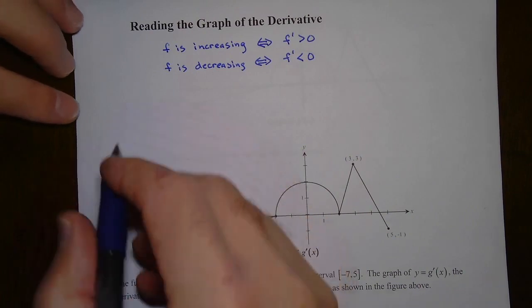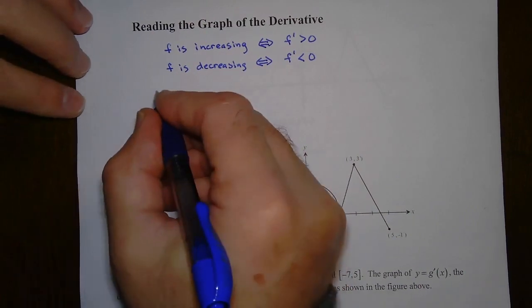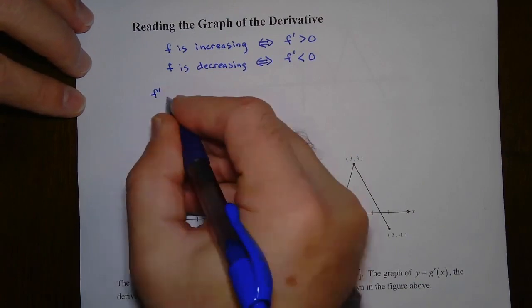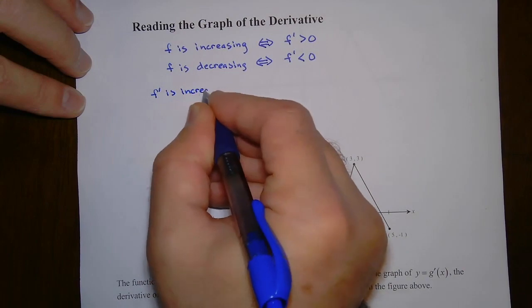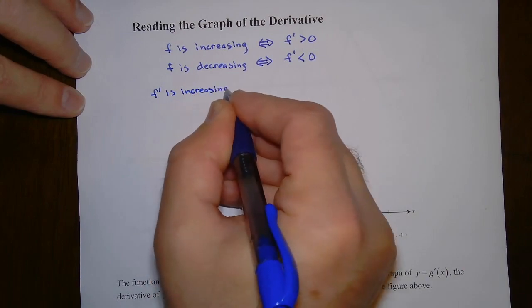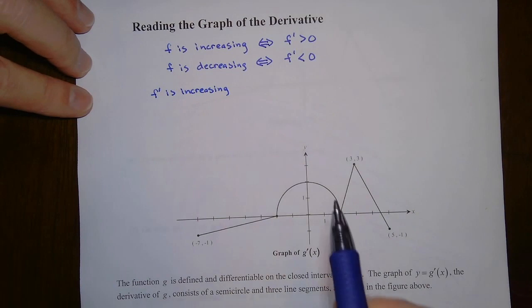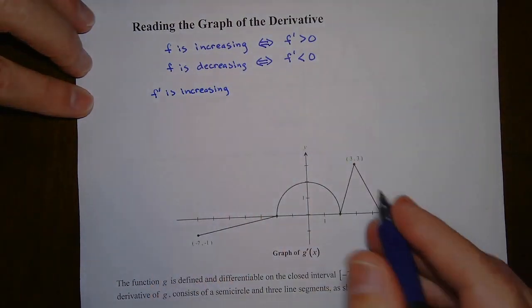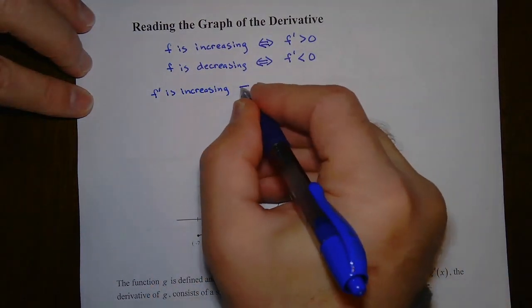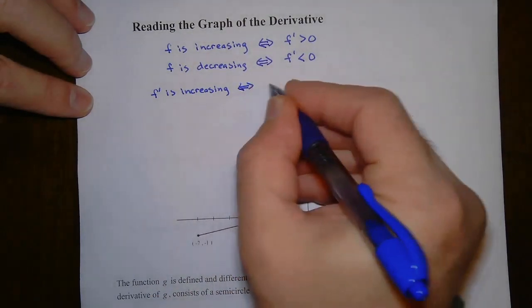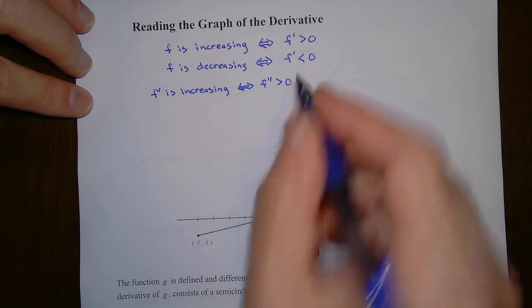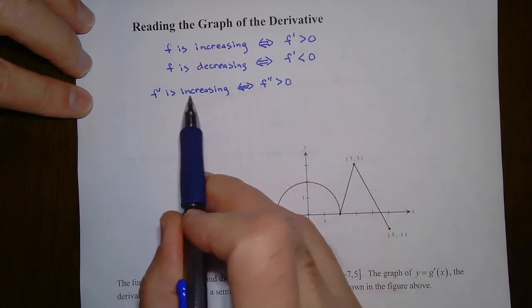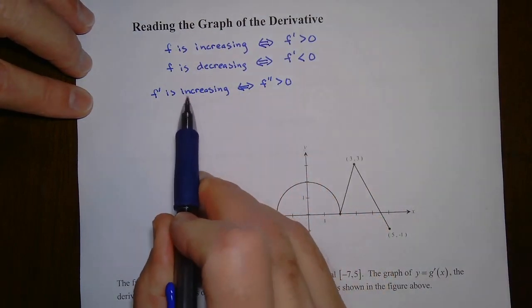Now, let's talk about the graph of f prime. If f prime is increasing, okay, we could tell f prime is increasing, all right, and that would mean that f double prime is greater than 0, because one derivative away tells us whether it's increasing or decreasing, okay?